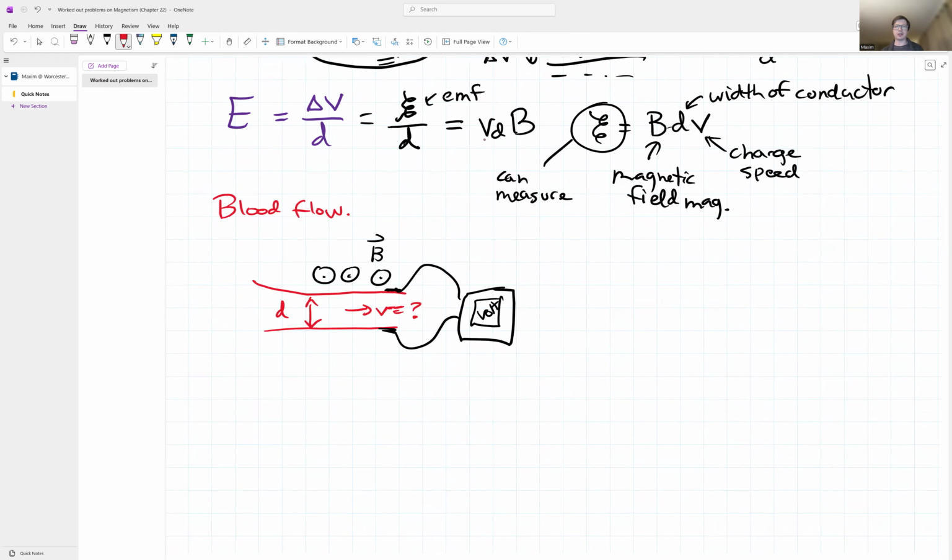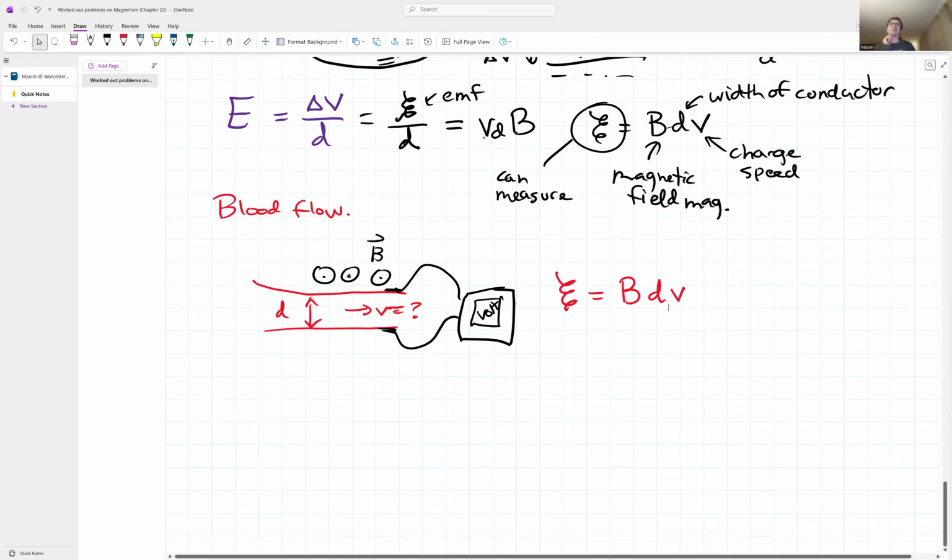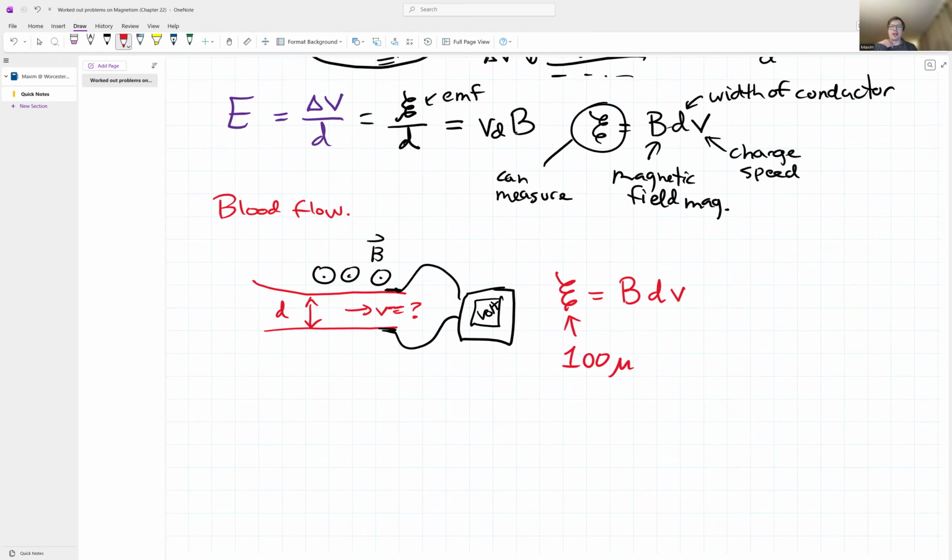But anyway, if it's a cylindrical wire or a blood vessel, then this is the diameter. So this is the relationship. You measure this EMF in volts, and we know that it's related to the magnetic field, the diameter of the blood vessel, and the speed. So you can actually figure out, given a certain Hall EMF, say you measure this at, I think a normal value is like 100 microvolts, with your probe, you can measure the potential difference across the blood vessel.